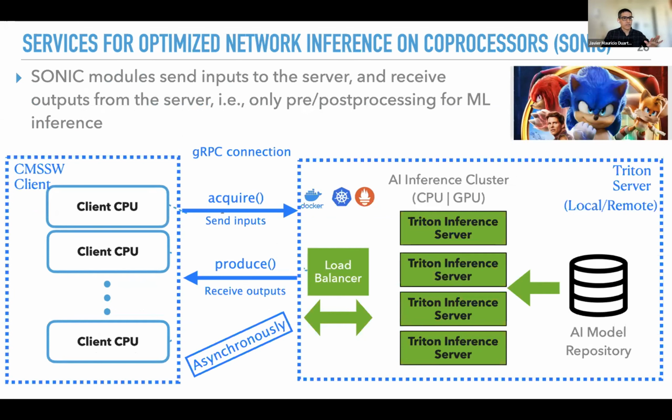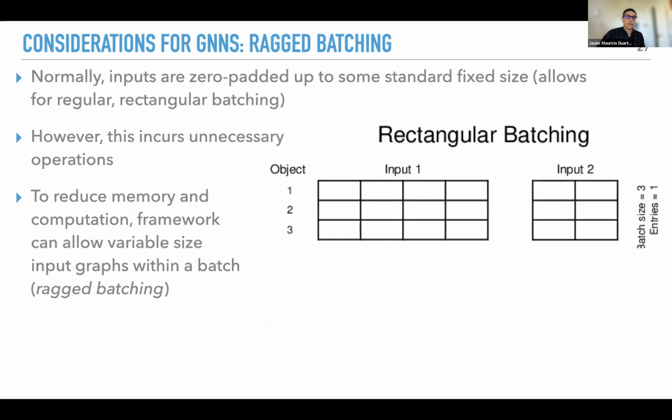As they process a single event, they'll send the data for particular jet tagging or particular PF inference to some remote server. That remote server will crunch the numbers, do the inference in a much accelerated way, and return the outputs. And because this can be done asynchronously, it doesn't block the CPU. So the CPU can continue doing other parts of the computing workload, in a way that's synergistic for both of them.